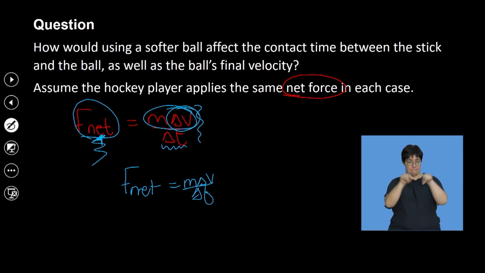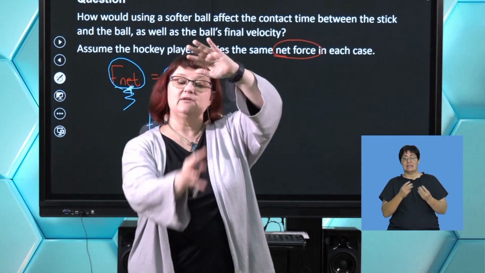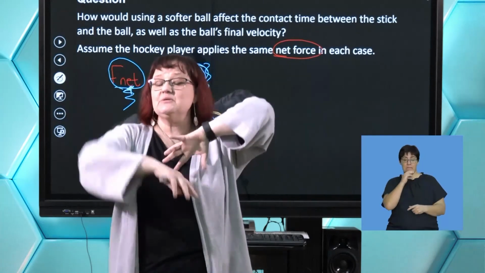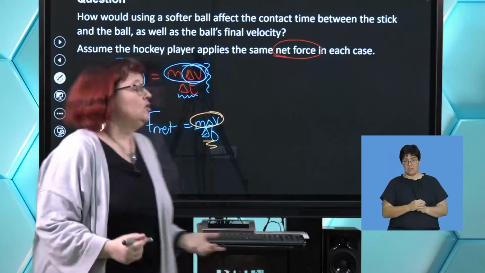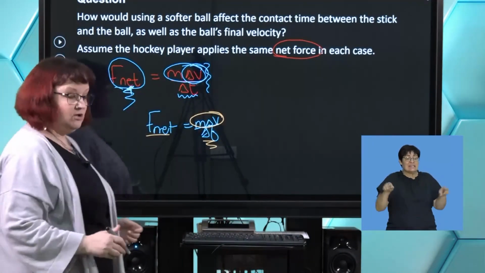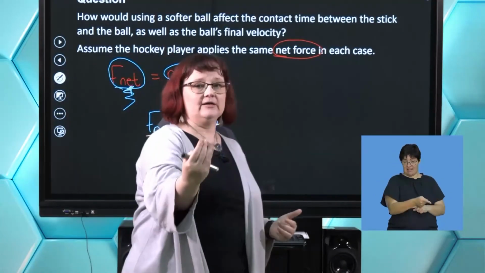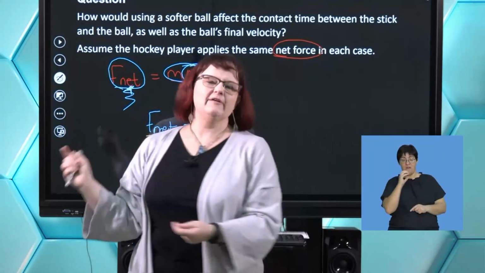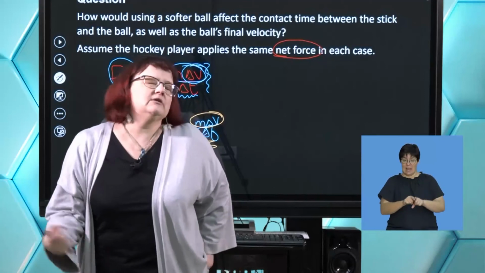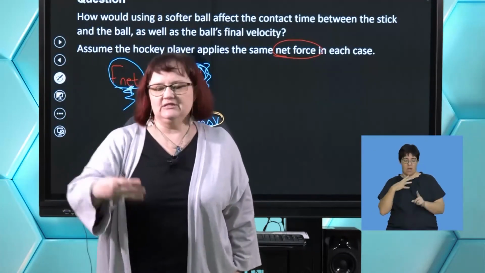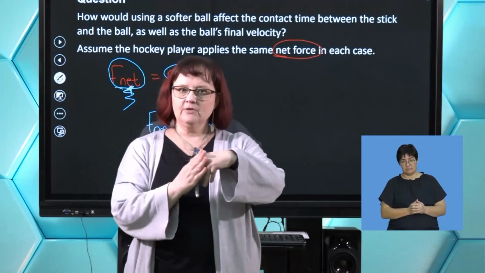So this time, I'm keeping that the same, but I'm making the time bigger, so I have the same number divided by a bigger number, which means the answer will get smaller. So with a softer ball, to get the same final velocity, I would have to exert a smaller force. I wouldn't need the same force because it's easier because of the contact time, okay?